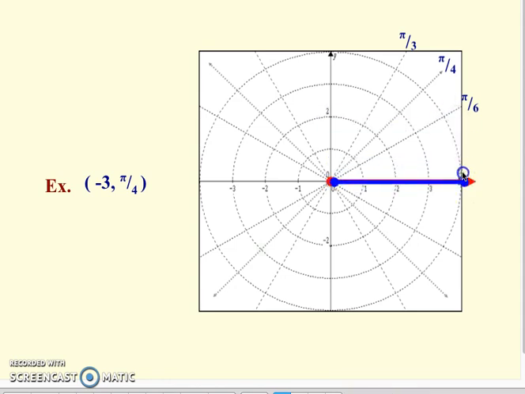So again, get my rotation line going here. There we go. So pi over 4, 1, 2, negative 3. One more time, right? Pi over 4, negative means go in the opposite direction, negative 3, there you are.